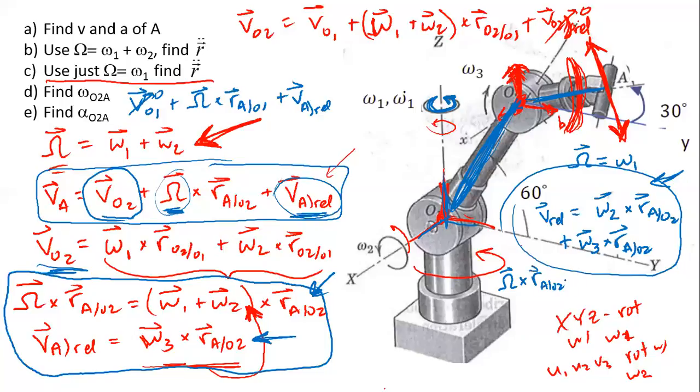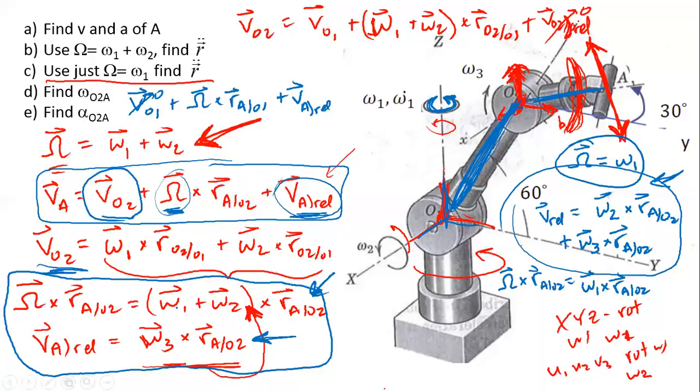Now, this term, if I only have this guy up here, where it's only omega 1, is just going to be omega 1 crossed into R_A/O2. So you still get the same terms everywhere. You're going to have an omega 1, right?